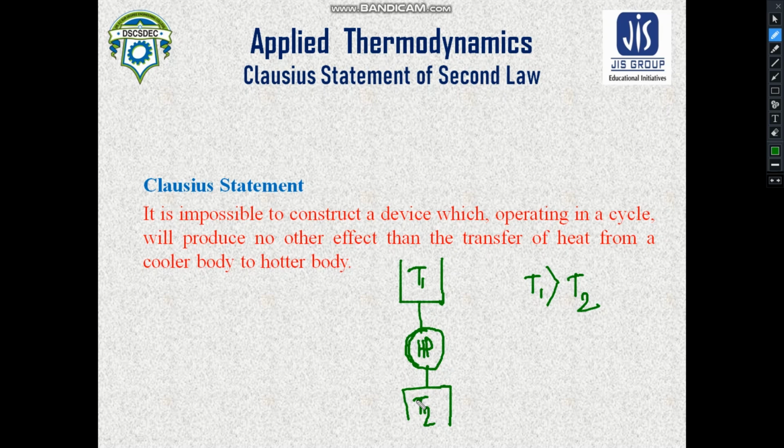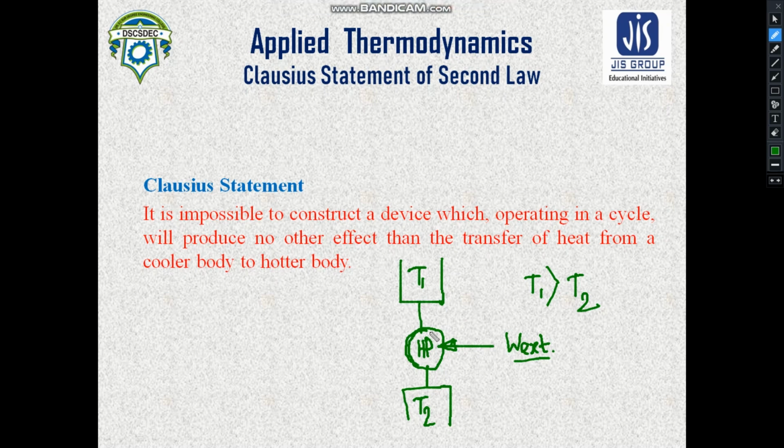So this is not a spontaneous process. You can only achieve this if you supply some amount of external work, right? When you are supplying external work, it is obviously producing an effect to the surroundings. This work is provided by the surroundings to this system. I hope you have understood it.